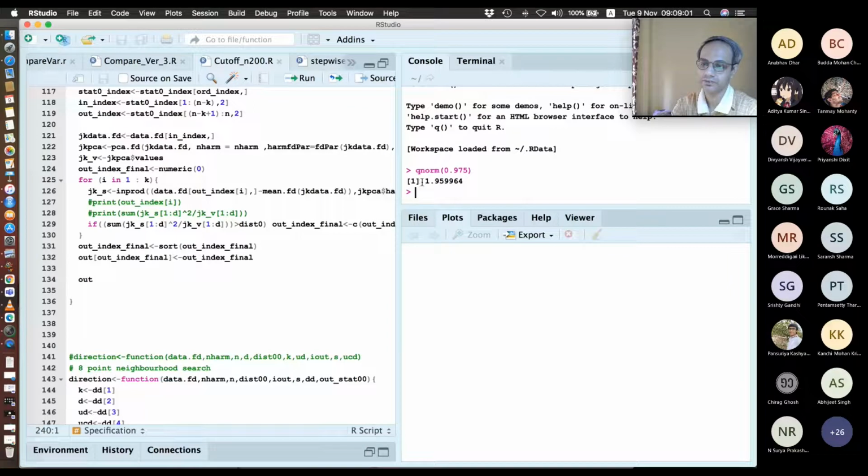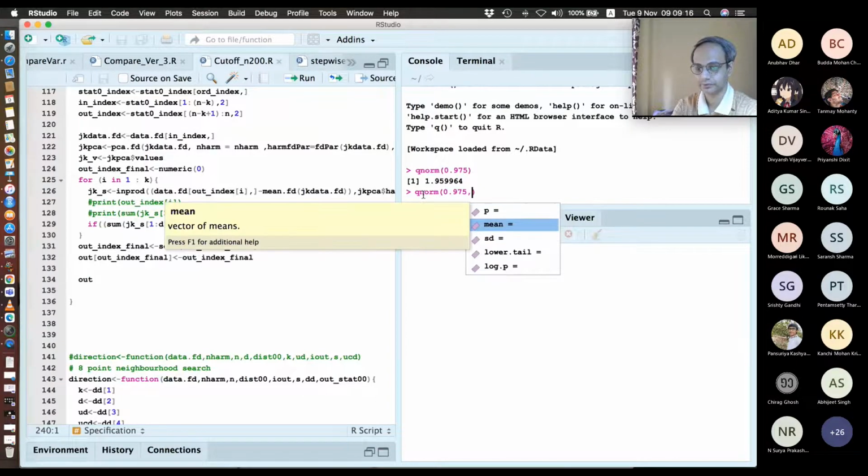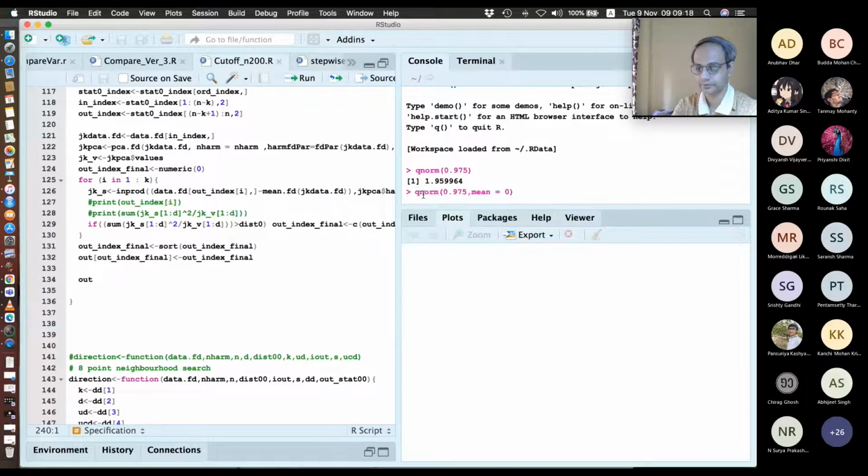Yeah, you can see 1.96 approximately. Is it okay? Here sigma is... Yeah, by default it takes normal 0, 1. Okay, sir, yes. I took sigma to be 2. Now it is fine if you take one.